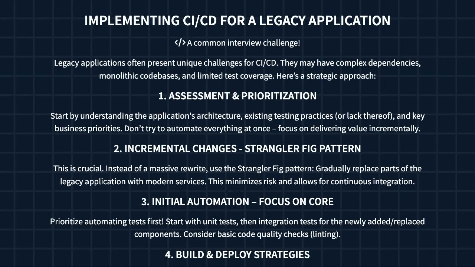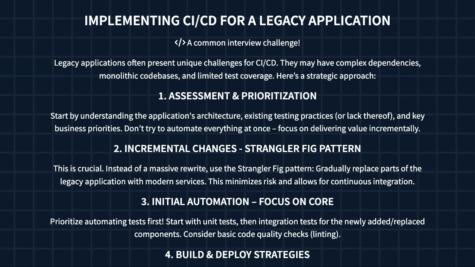Okay, let's talk about tackling CI/CD for legacy systems. It's a really common interview question, and it's important to show you understand the nuances. The key is to avoid overwhelming yourself or the team. First, you need to really assess what you're dealing with. Understand the application structure, how much testing exists, and what parts are most important for business value.